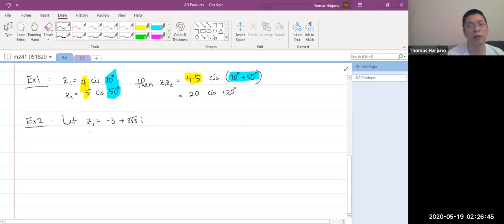Let's say that's our C1, and my C2, the second complex number, let's say, what is good? Negative 2 minus 2i. And we are interested in finding C1 times C2.